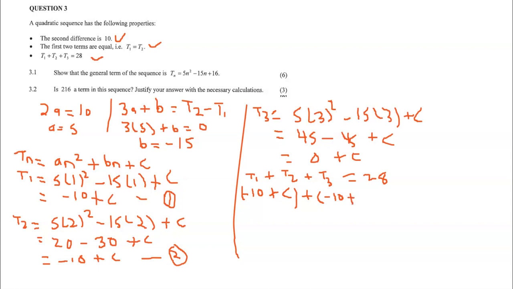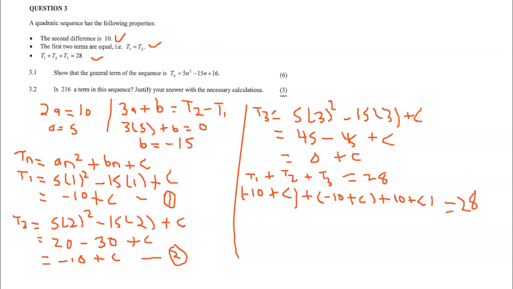Then we close the bracket, then plus T3, which gave us 0 plus c, also in brackets to avoid complications, and then the whole thing is equal to 28.